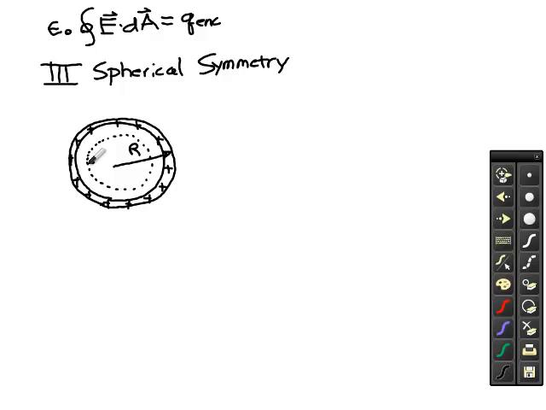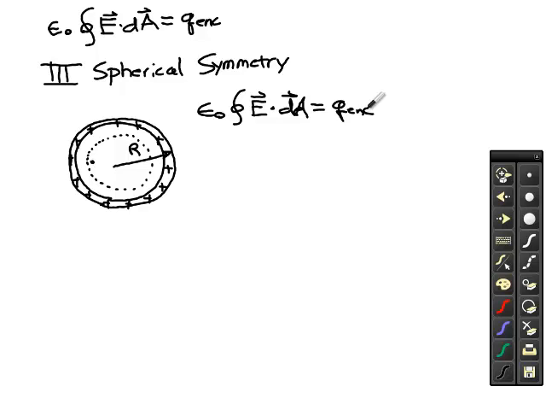Okay. So, we apply Gauss's law to this, which is right up there. Epsilon naught closed integral of E dA equals Q enclosed. Okay?